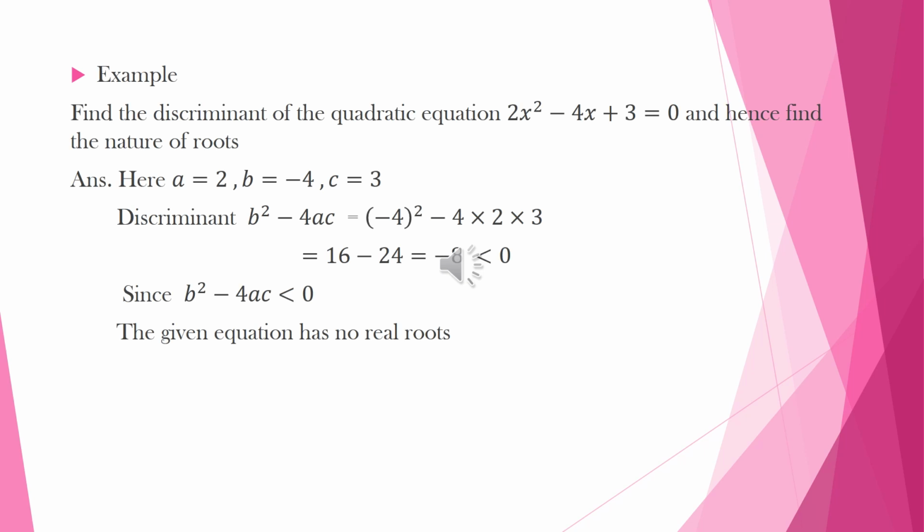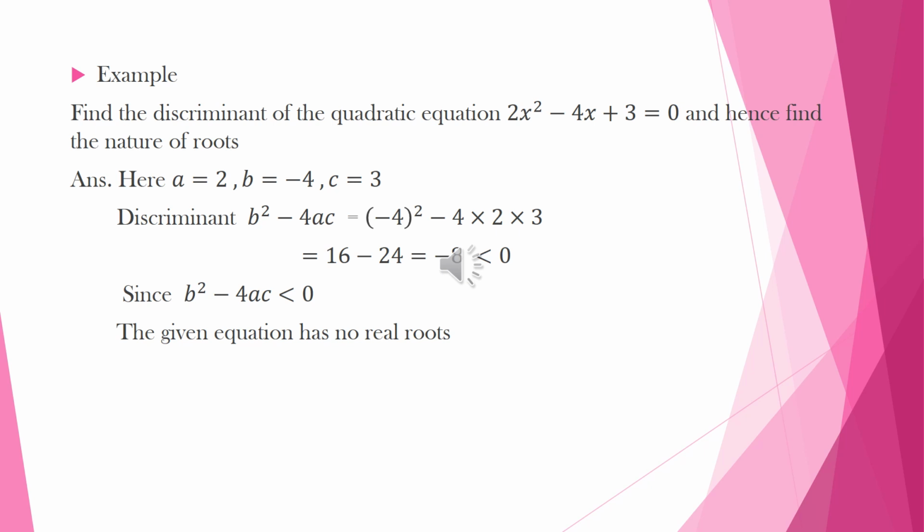Let us see how to find the discriminant and the nature of roots with the help of an example. The question is 2x square minus 4x plus 3 equal to 0. Here a is equal to 2, b is equal to negative 4 and c is equal to 3.